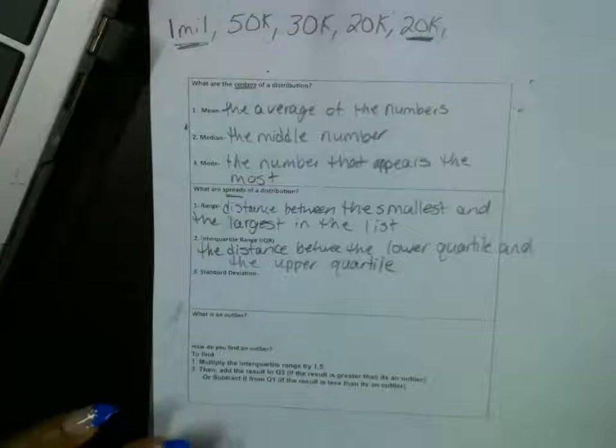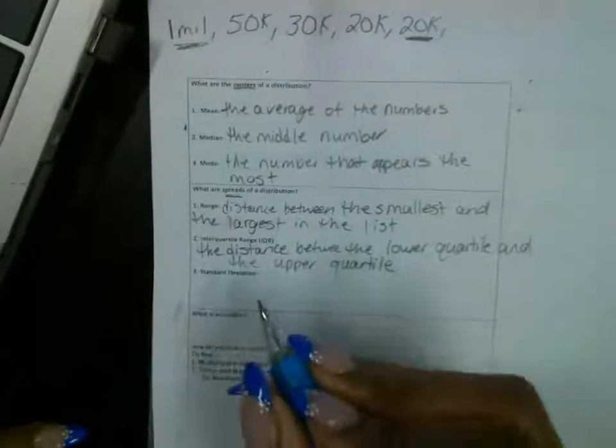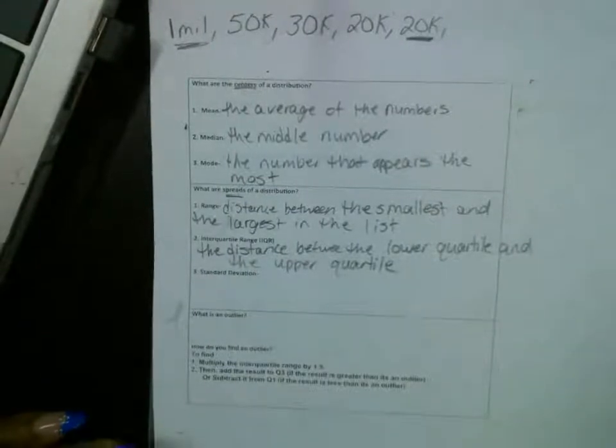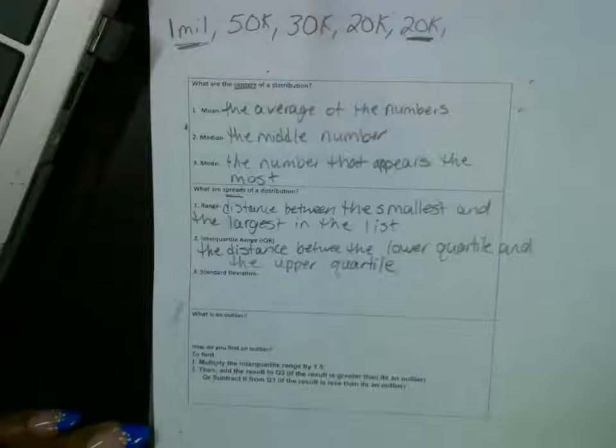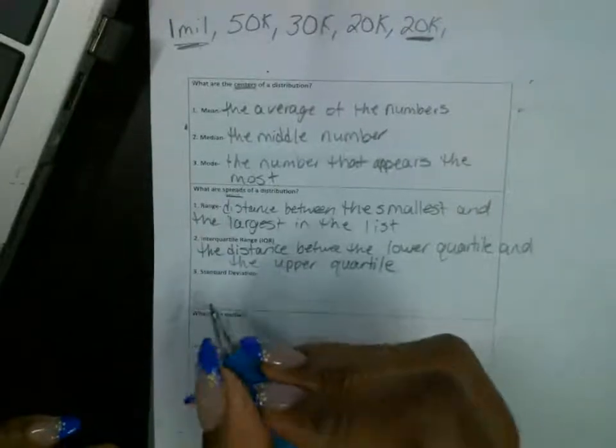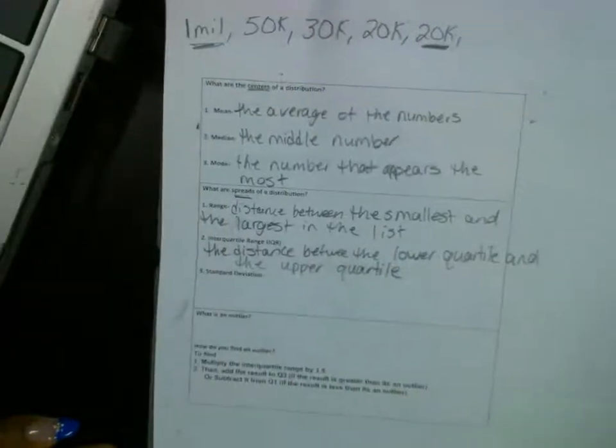All right, standard deviation is the average of how far each number in the list is away from the average of the numbers. That's weird saying that, so I'm gonna slow it down a little bit.